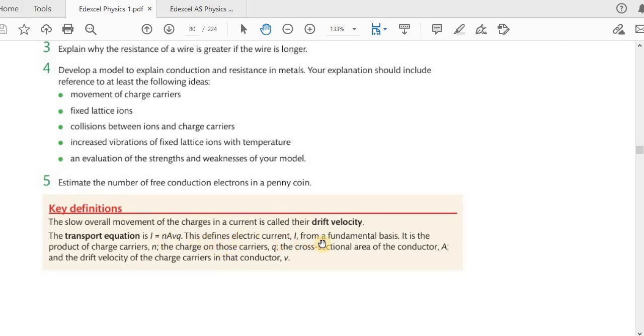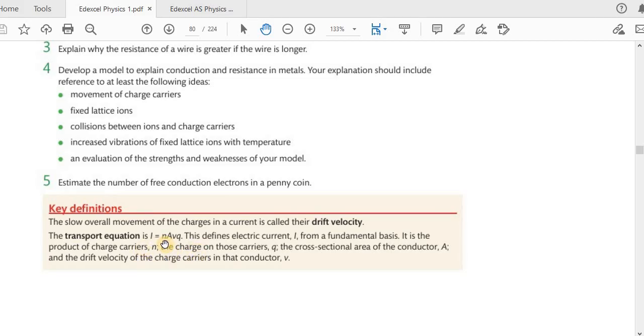I is the current, I equals Q over t, and it is the product of the charge carriers n, the charge on those charge carriers q, the cross-sectional area of the conductor A, and the drift velocity of the charge carriers in the conductor v.